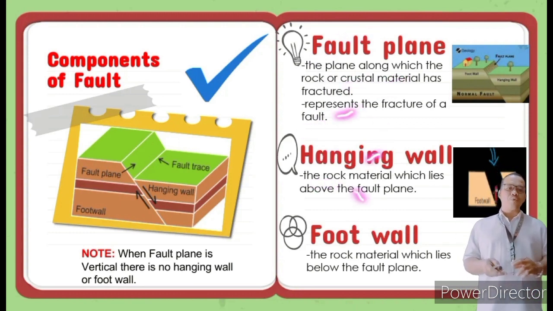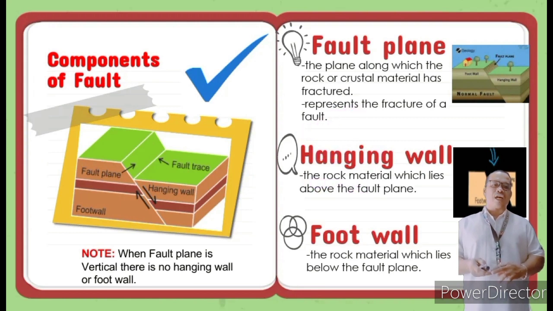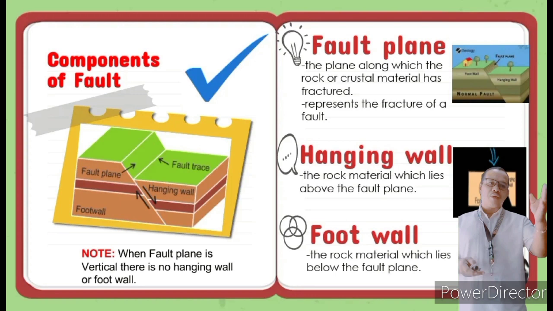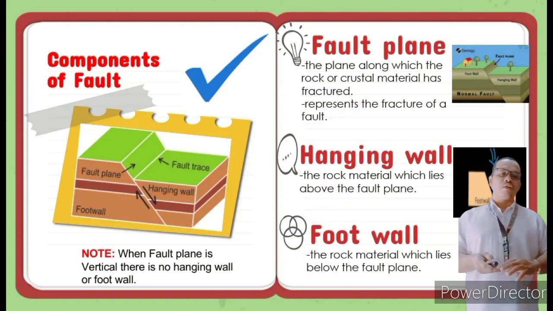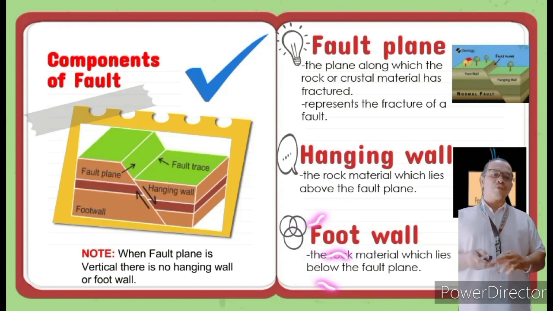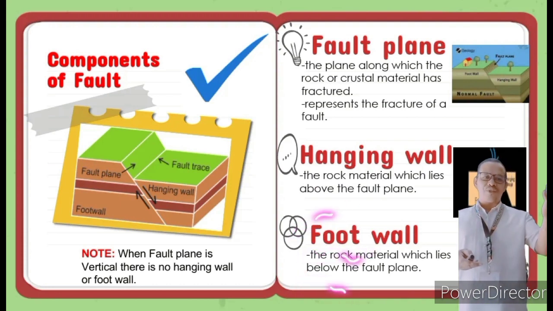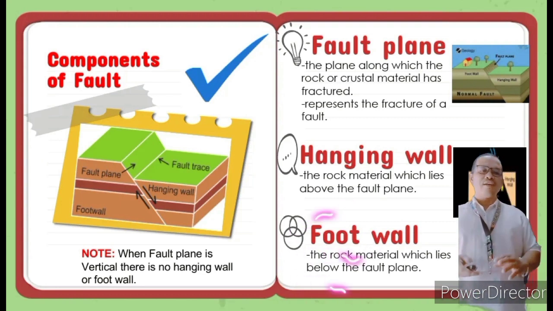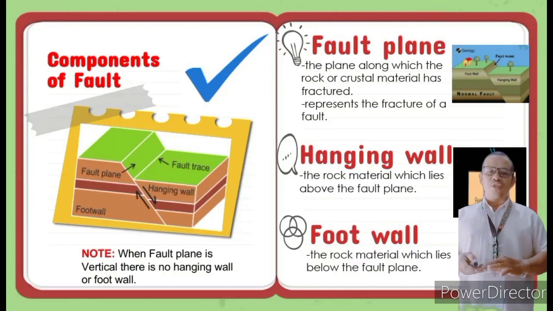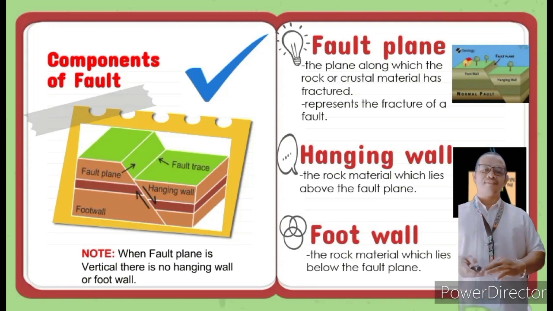Next is the hanging wall. It is the place where the rock material lies above the fault plane. So you can see the picture. Look at that. Then the footwall. It is the rock material which lies below the fault plane. Look again at the picture. The footwall is where people or volcanologists are able to walk. That is as simple as that.